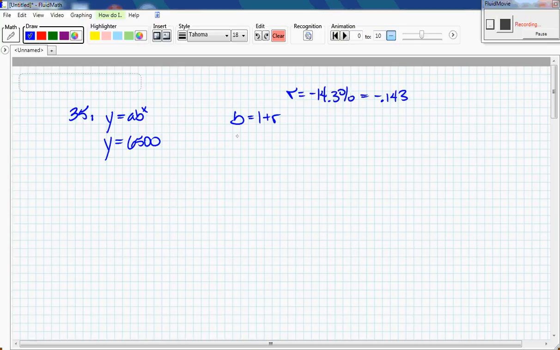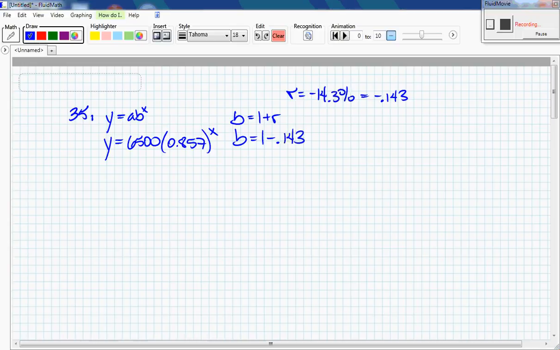So in this case, B equals 1 plus a negative, or just simply 1 minus 0.143. Okay, and so what that gives us is 0.857 raised to the x. So there we have our growth factor or decay factor of 0.857.